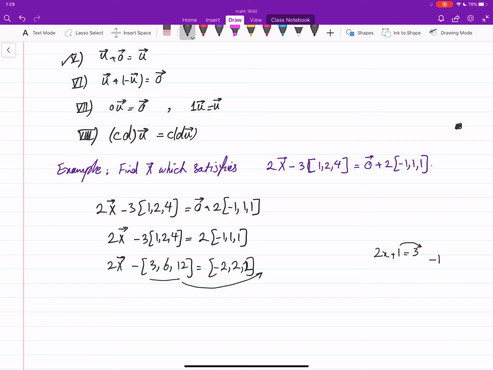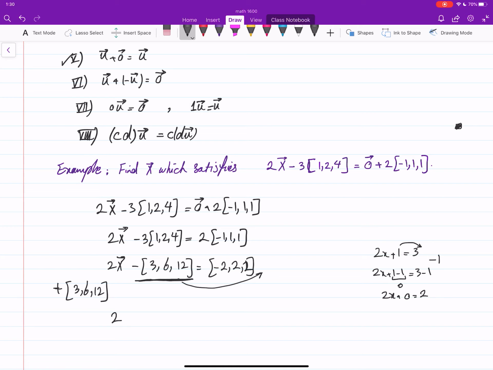So it will be 2x plus 1 minus 1 equals 3 minus 1, and then this is 0, giving 2x plus 0 equals 2. We apply exactly the same kind of thing. We add the negative of this whole vector, which is plus (3, 6, 12), to both sides.